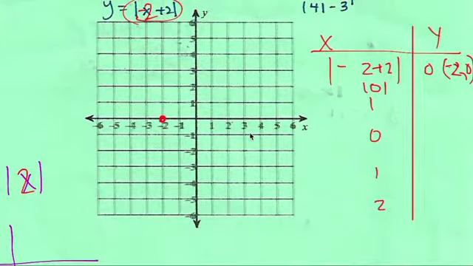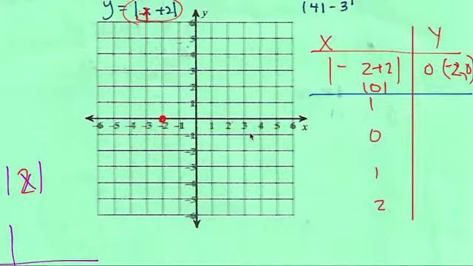Input -1. I'll change the color so you can see. You input -1 there, -1 plus 2. Oh, this should be -1.